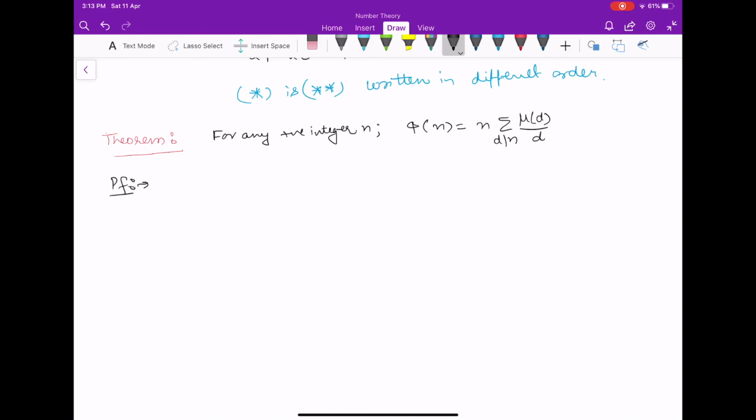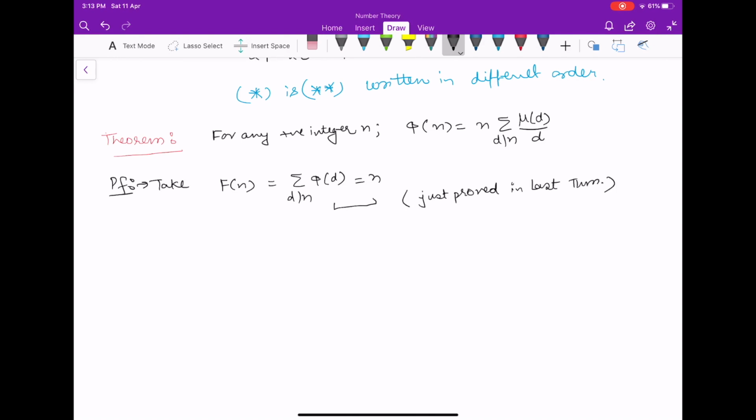We know if I take f n, this is equal to the summation of phi of d, d divides n, and we have just proved this theorem in the last case.